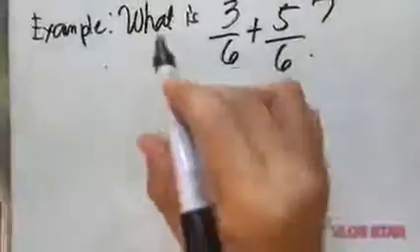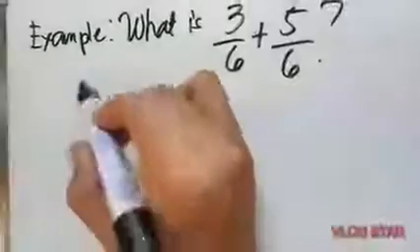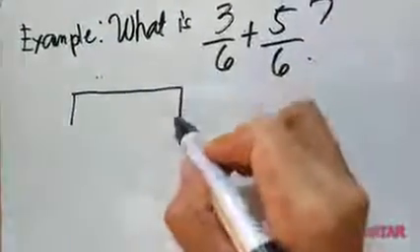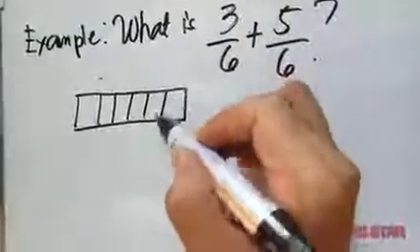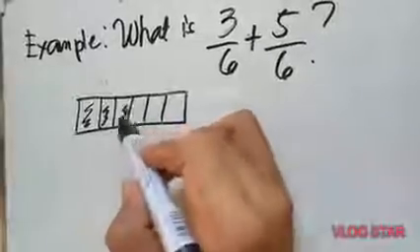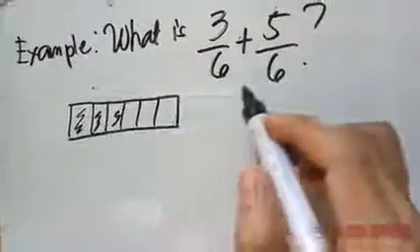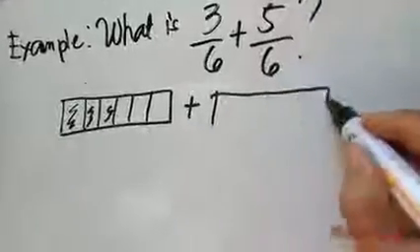Another example is what is 3/6 plus 5/6. First, draw 3/6. Then shade the three parts, 1, 2, 3, and it is 6 equal parts. Then 5/6.